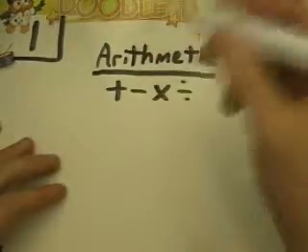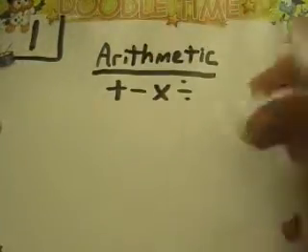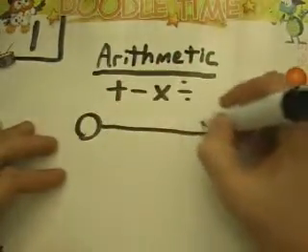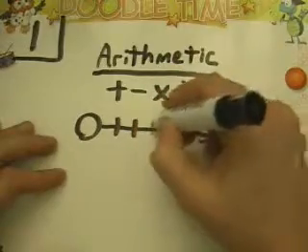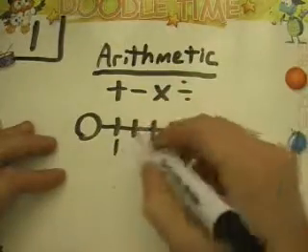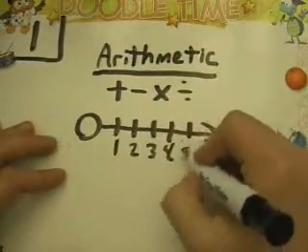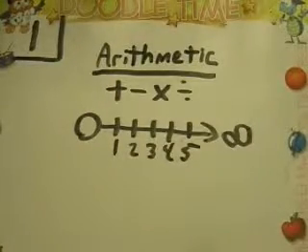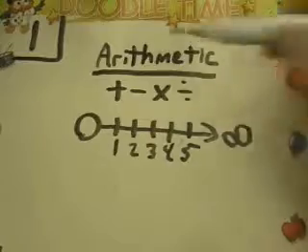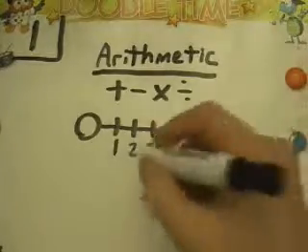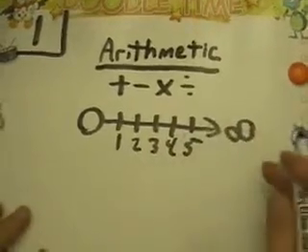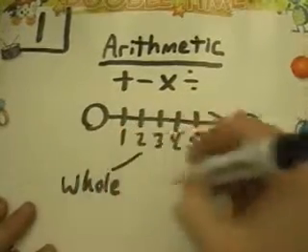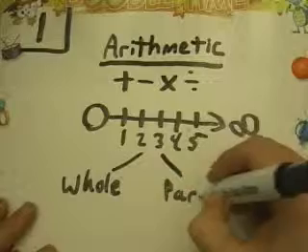The thing I really like to dwell on is that everything is in terms of value. I'm going to draw a number line, as in 1, 2, 3, 4, 5, infinity. When we deal with arithmetic and we're calculating values, you first have to understand that we as human beings put things in terms of whole items and parts of items.